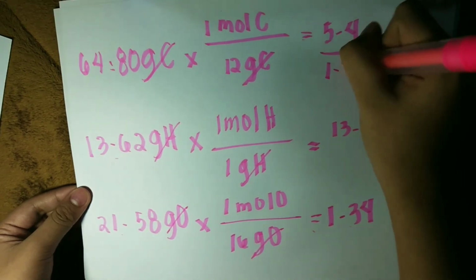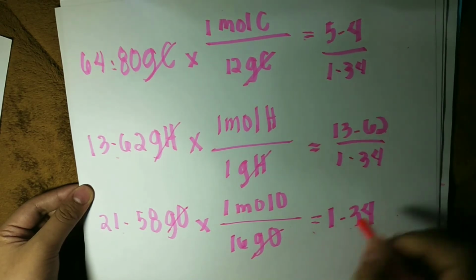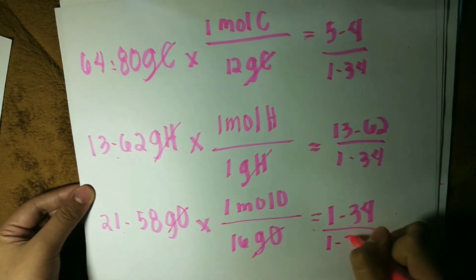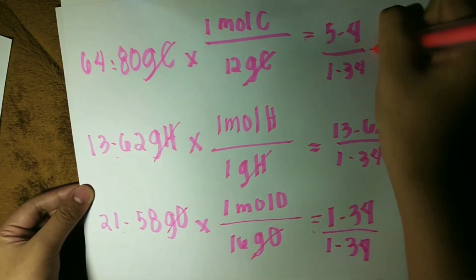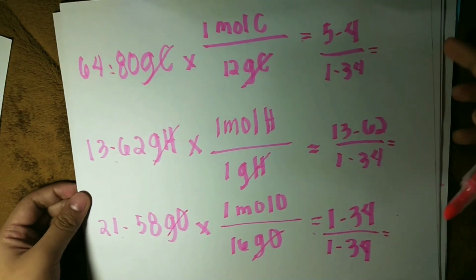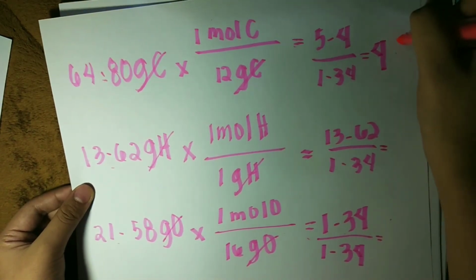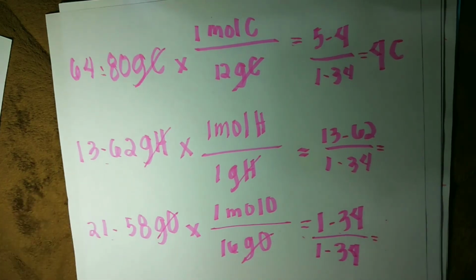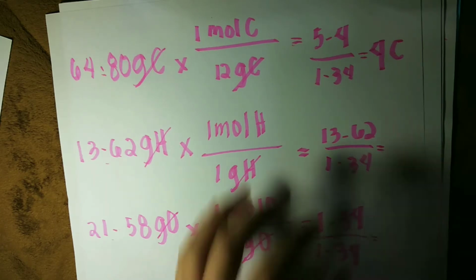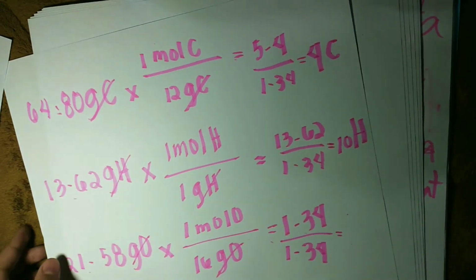Okay, so we divide each by 1.34. 5.4 divided by 1.34 is equals to 4 carbon. 13.62 divided by 1.34 is equals to 10 hydrogen.